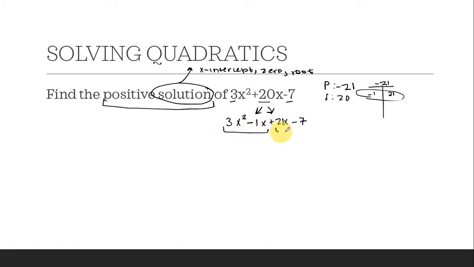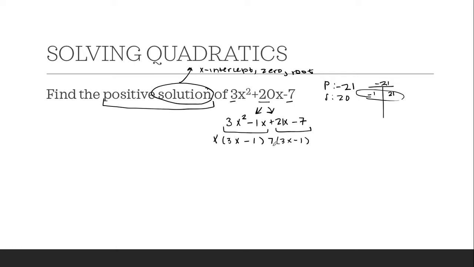Group these. So what's my greatest common factor? It'll be 1x. So that'll be 3x minus 1, right? Because if I multiply this out, that's what it would give me here. What's the greatest common factor here? 7. 7 times 3x will get me 21x. 7 times negative 1 will get me negative 7.